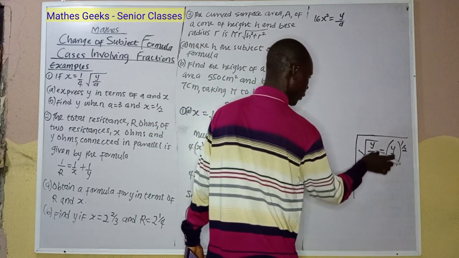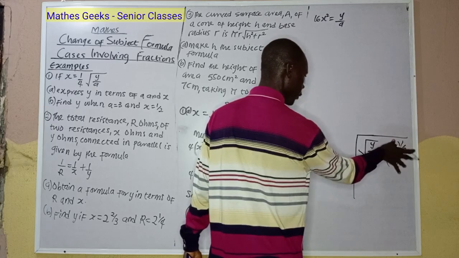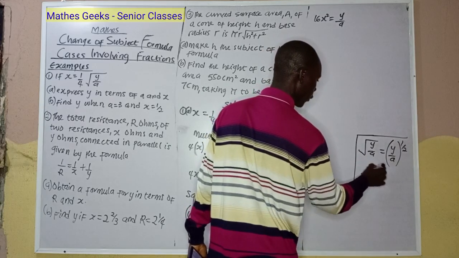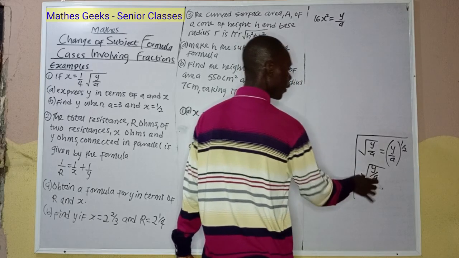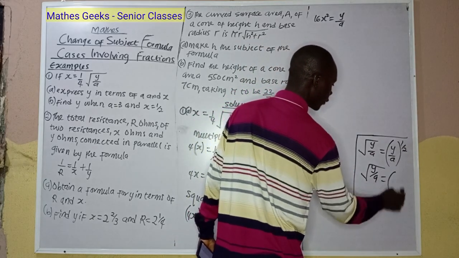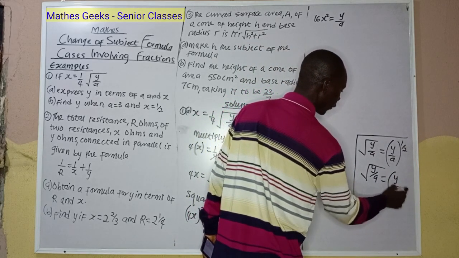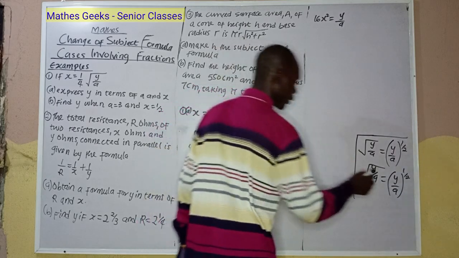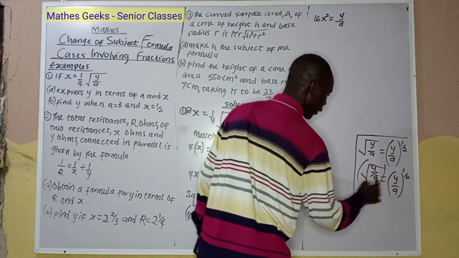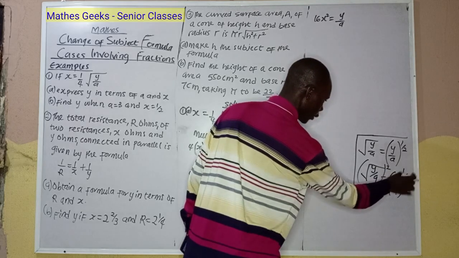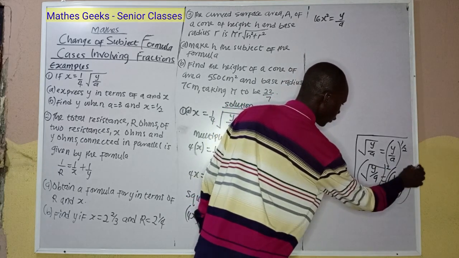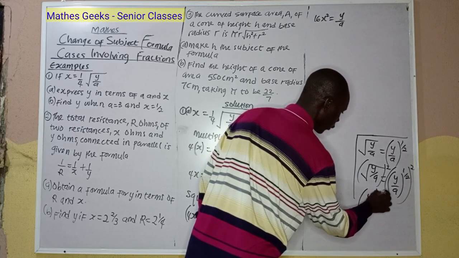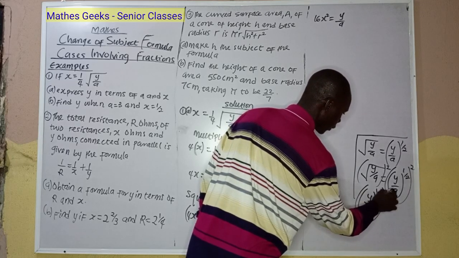Since it's a fractional index, if I transfer back to this form, I have y over a to the power 1 over 2. Now if I square both sides, I square here, which means I'm going to square here also. So this will give me y over a to the power 1 over 2, raised to the power 2.